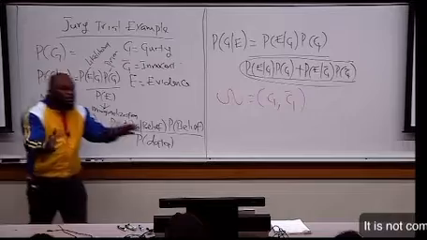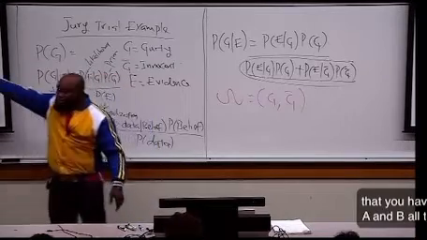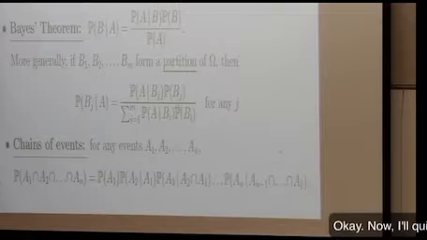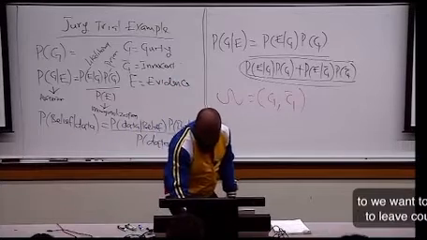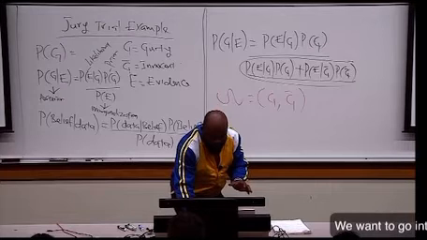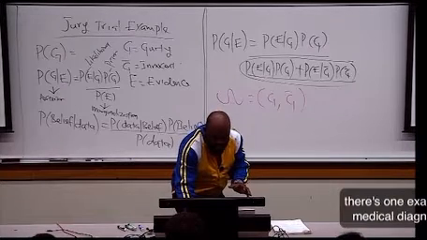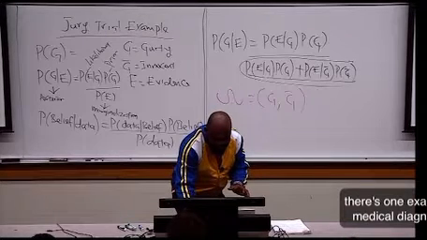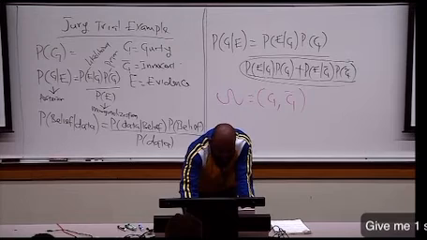It is not compulsory that you use A and B all the time. You can use whatever. Now, we want to leave court and go into an example under medical diagnosis. Give me 1 second.